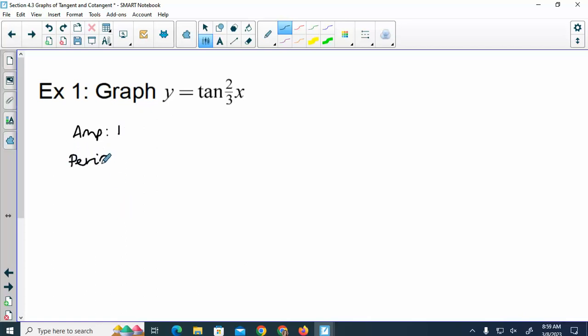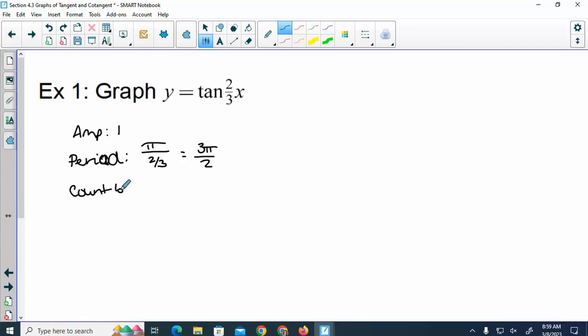Period. How do we find a period for tangent and cotangent? So it would be pi over 2/3. If you did a calculator, 1 over 2/3, so we should get 3 pi over 2.